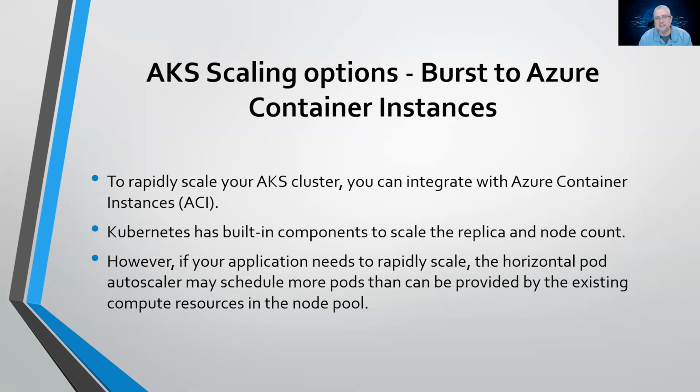And you can do that with container instances. It has the built-in components, and it's just going to extend your cluster. The container instances operate outside your cluster, but once they connect, they fall in.